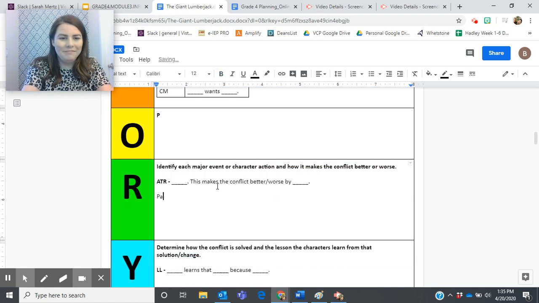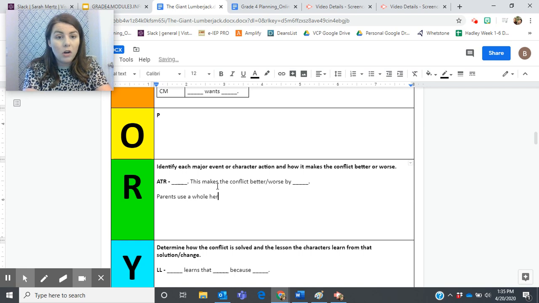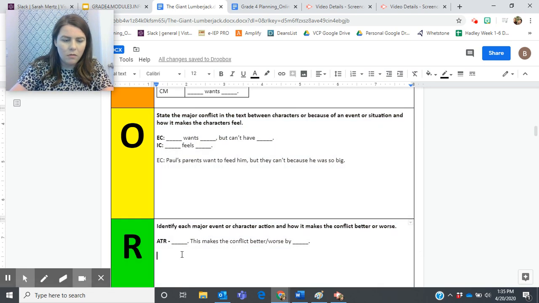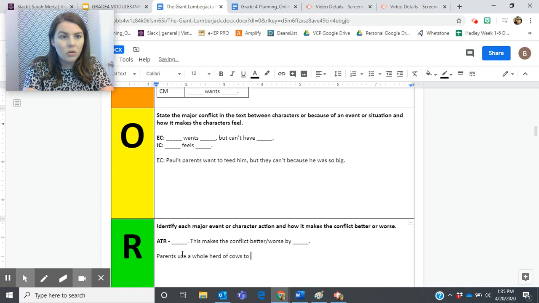Oops, my problem went away. Oh no. Parents use a whole herd of cows to help feed Paul.